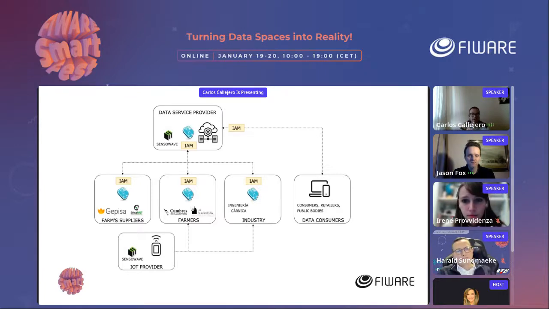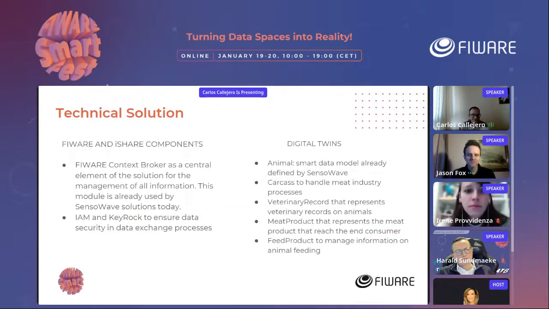Then the artificial intelligence algorithm detects the anomaly and generates a notification that will be sent to the farmer, but also to the veterinarian. Then the veterinarian will register the treatment, and will share this treatment in the data space, so that at the end all this information is stored, and it will be available for the meat processor and finally for the consumer, through this new idea of digital passport.